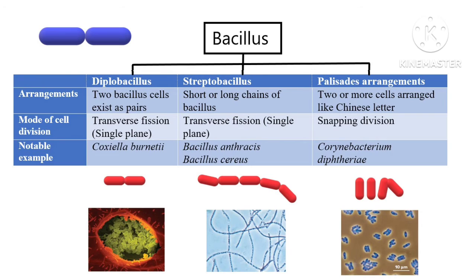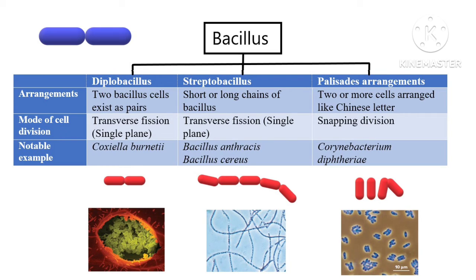Very few types of arrangements are observed in Bacillus because they divide only in the transverse plane. In this area, they occur either as single cells or as a pair of cells with their ends attached at this position, or as a short chain of several cells like this. A palisade arrangement typical of the Corynebacteria is formed when the cells of a chain remain partially attached by a single hinge region at this end.